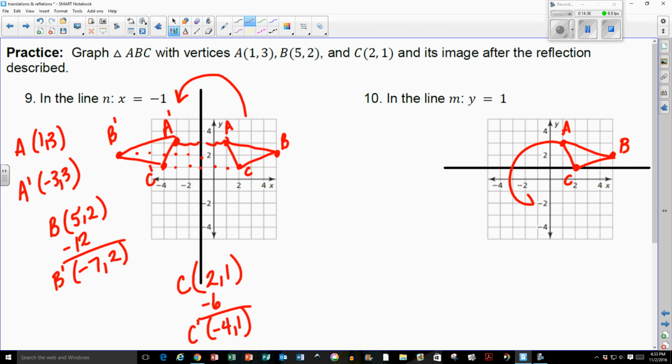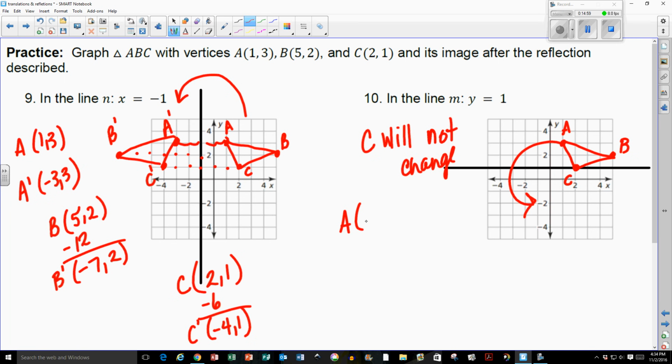So when I reflect this way, C is going to stay the same. C will not change because it's on the line of reflection. So it's not going to change.